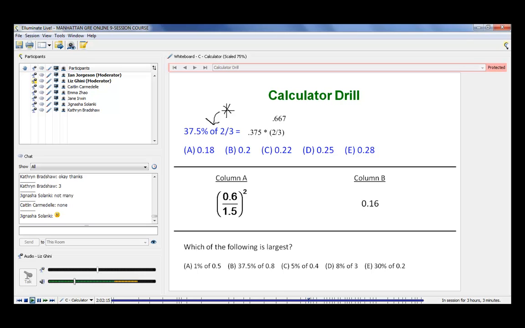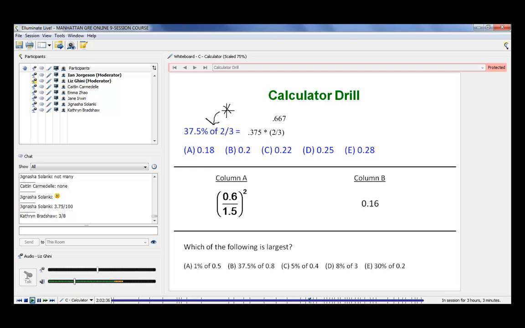If you have a calculator, you should be able to chug rapidly through this. But what else could you have done? You could have solved this without a calculator. Anybody know what 37.5% is? Yeah, it's 3/8.